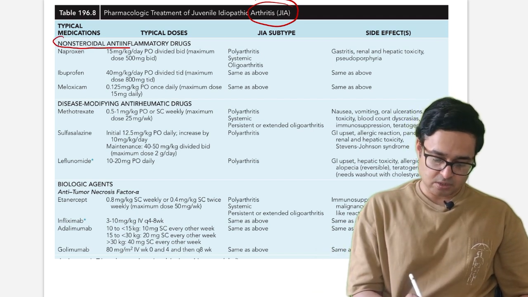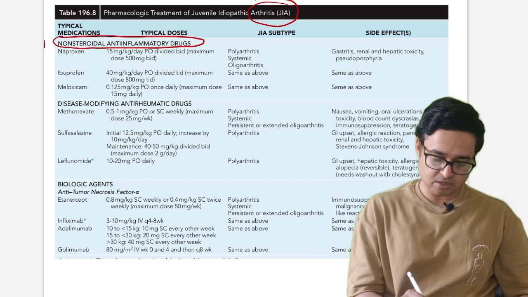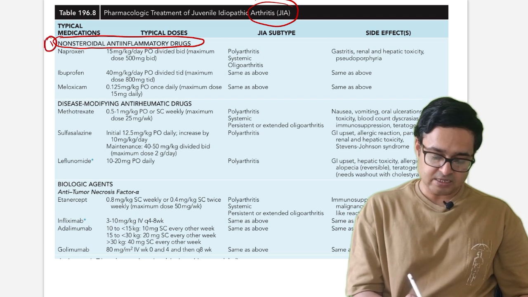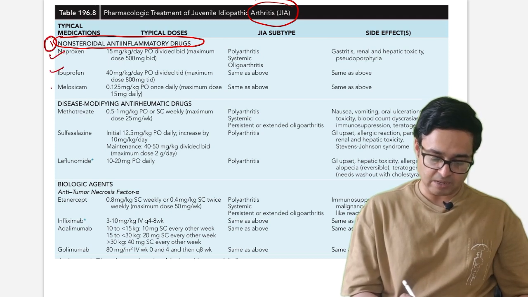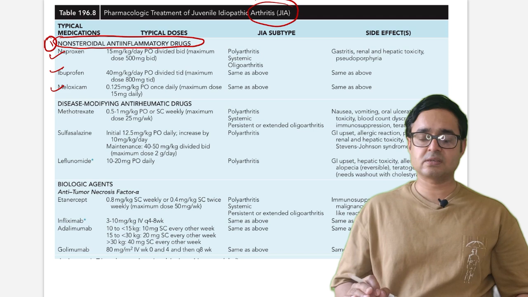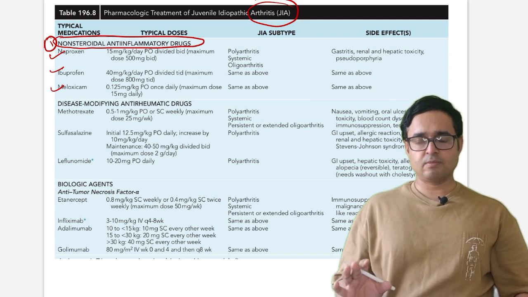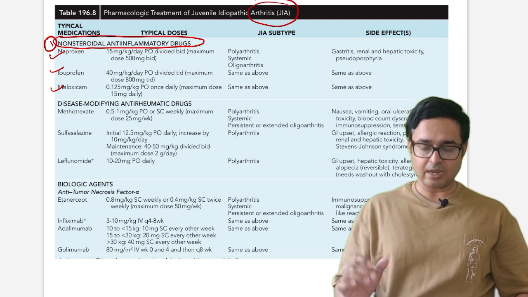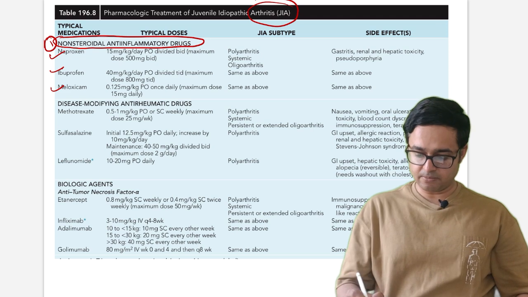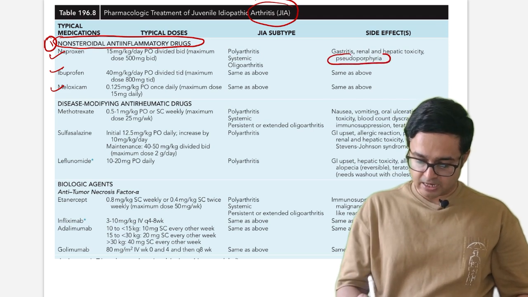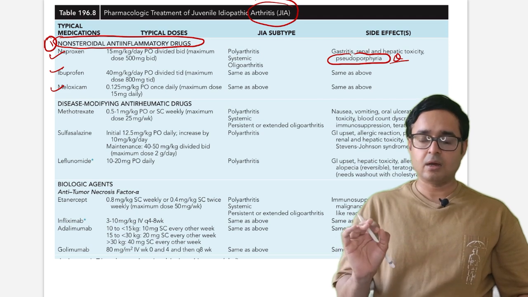NSAIDs are the first drug we should use. What NSAIDs can we use? Naproxen, ibuprofen, meloxicam. I'm not discussing the doses. If you want to remember, just go through. I'm highlighting the important things out of them. Pseudoporphyria is a side effect of naproxen.